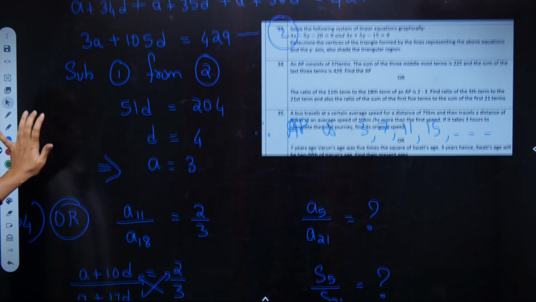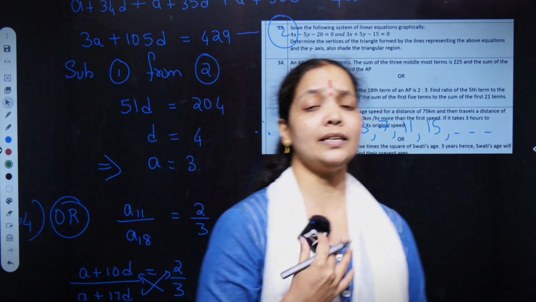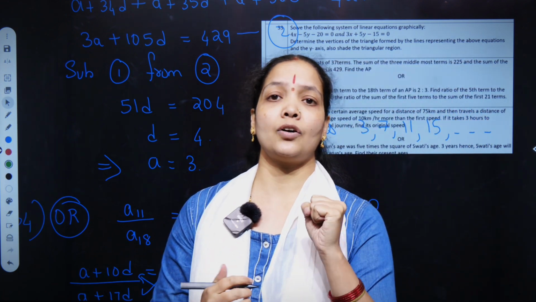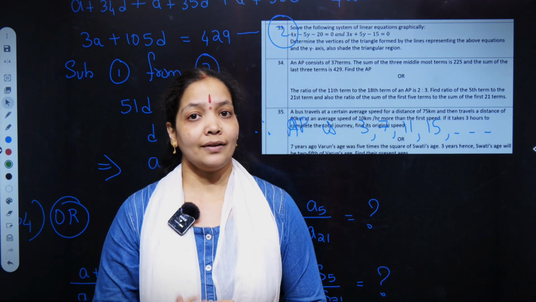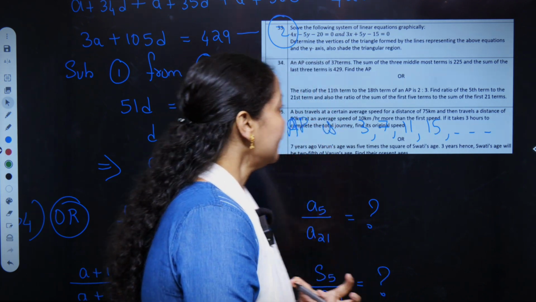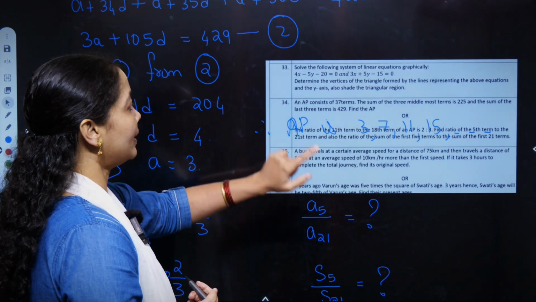My children, my session should be in such a manner that it is giving you clarity on maths, giving you the complete concept clarity so that you are not at all having any doubts related to the complete question paper. Alright, so going to the OR part, the 34th OR part here.